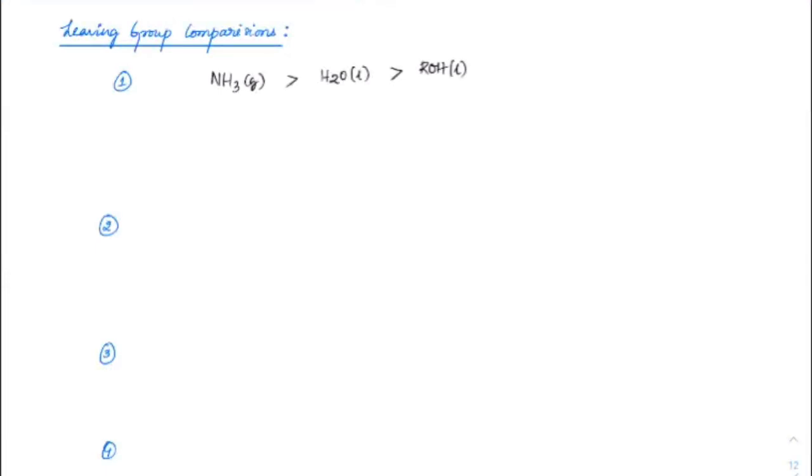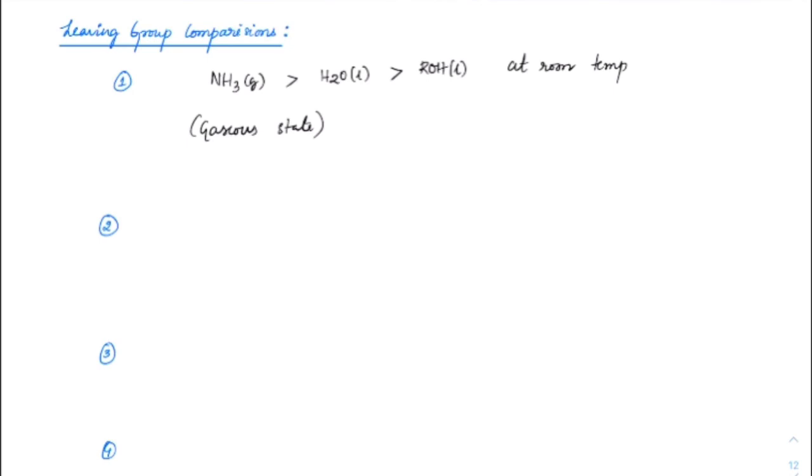If ammonia is released straight away as a gas, then it will definitely act as a better leaving group compared to H2O or ROH. At room temperature, ammonia comes out as a gas, hence it is a better leaving group.